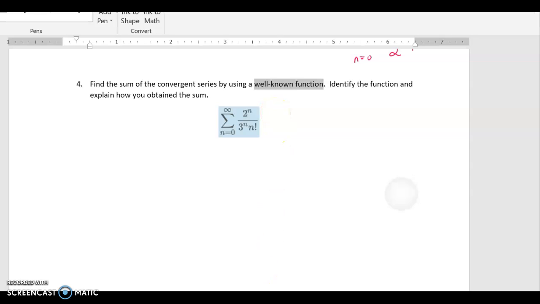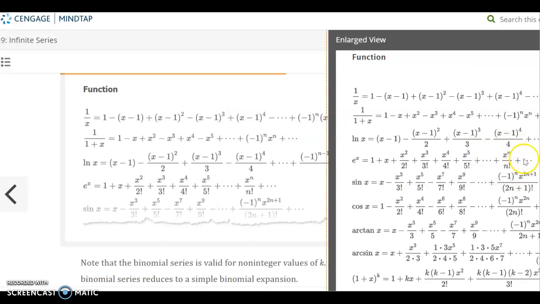But with a little bit of manipulation, a lot of algebra and calculus, and we do this kind of stuff a lot in here, I can think of it like that. And I say, well, that looks like x to the n over n factorial, where x is 2/3, right? x to the n over n factorial, that sounds familiar. That's my e to the x function, okay?